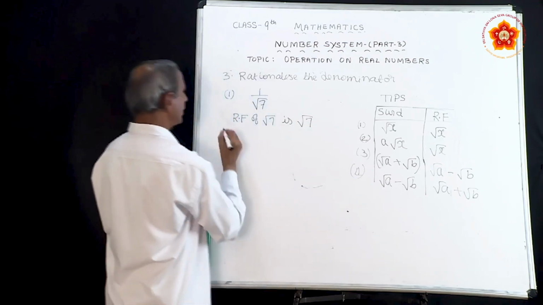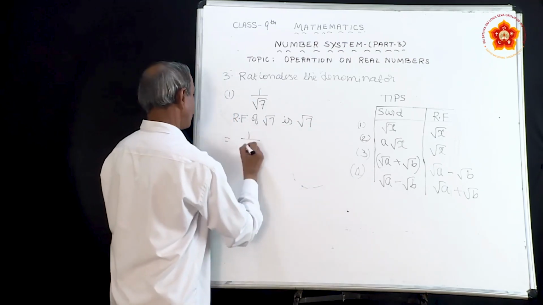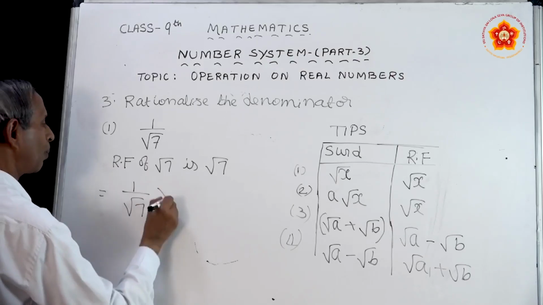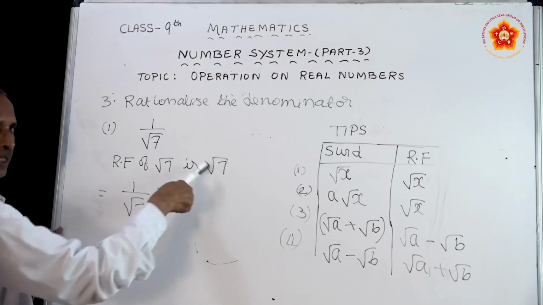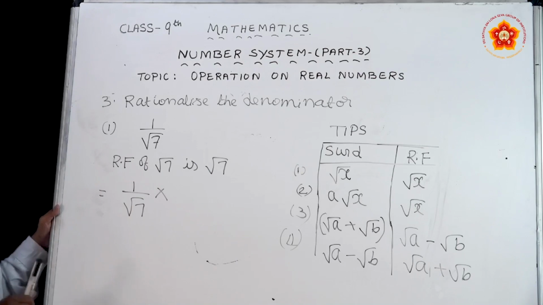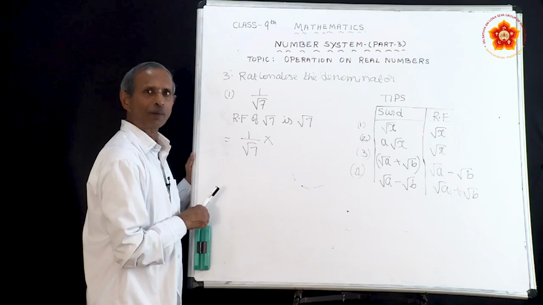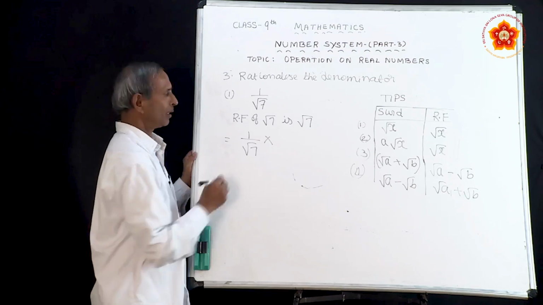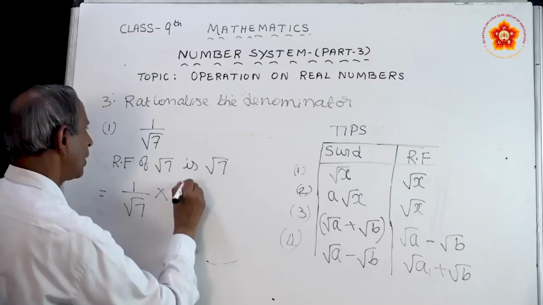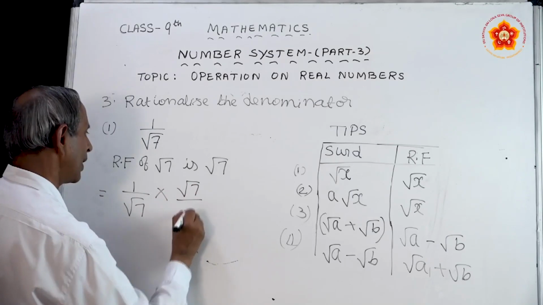Now in order to simplify 1 by root 7, you have to multiply by its rationalizing factor. You should not multiply the numerator only. You have to multiply both numerator and denominator by the same factor. Therefore I am multiplying by root 7 divided by root 7.